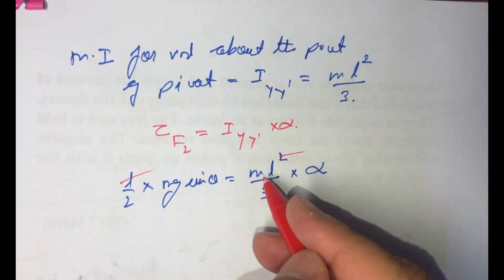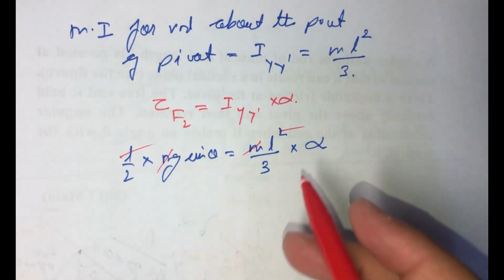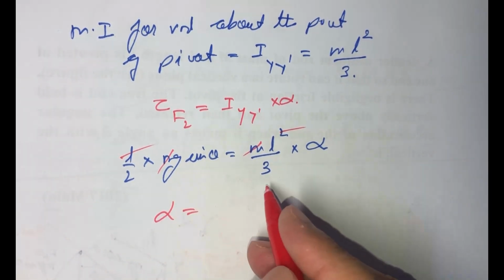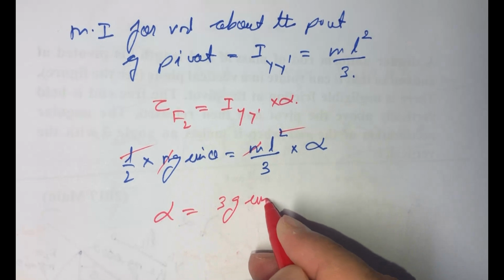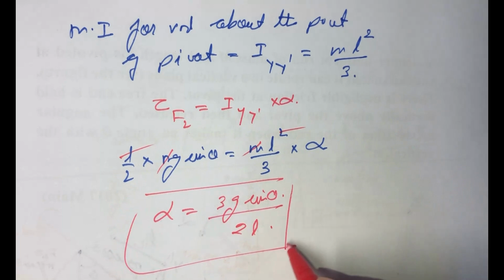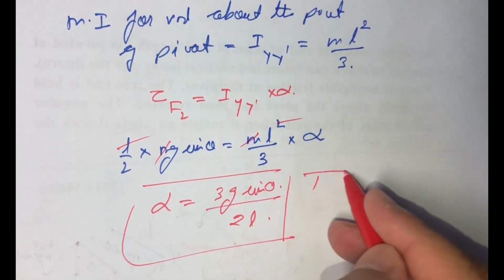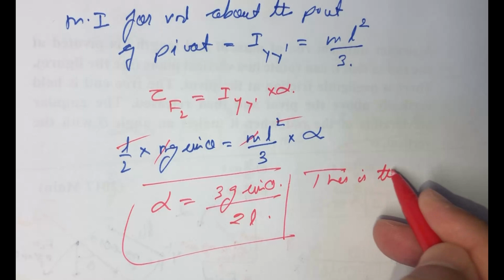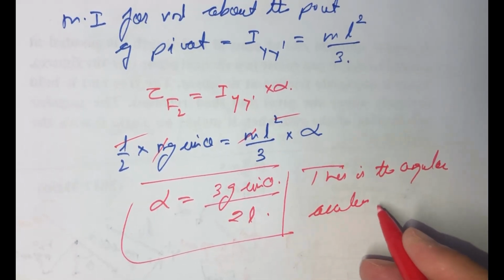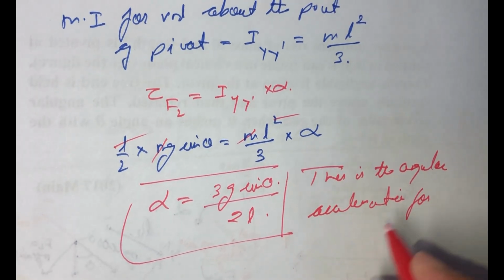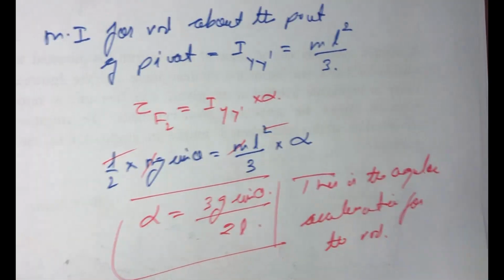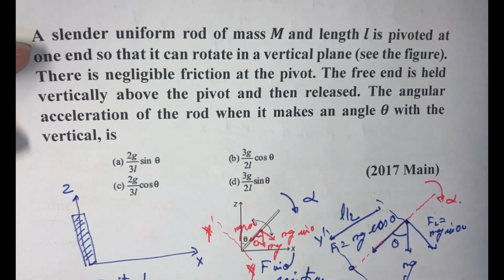Here L cancels out, mass goes with mass, therefore we get angular acceleration equal to 3g sine of theta divided by 2L. So this is the angular acceleration for the rod, and we check the options which are available to us.